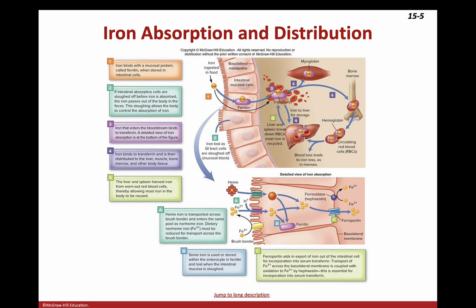Iron that enters the bloodstream binds to transferrin, and we see a detailed view of iron absorption at the bottom of this figure. Once iron is bound to transferrin, it is distributed to the liver, muscle, bone marrow, and other body tissue. The liver and spleen will actually harvest iron from worn-out red blood cells, thereby allowing most iron in the body to be reused.